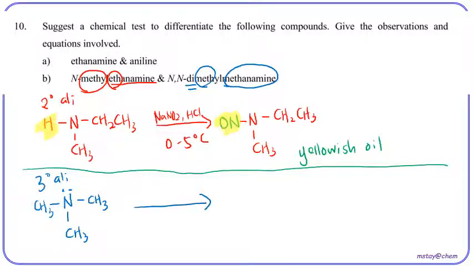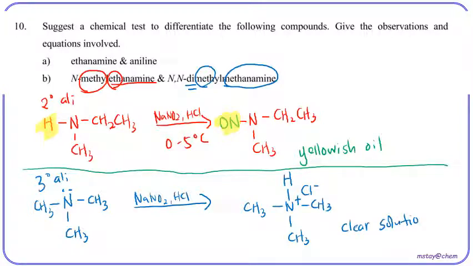If you react with NaNO2 HCl, we will have CH3, nitrogen, CH3, CH3, and the lone pair of the nitrogen will share electrons with the hydrogen from the HCl and form a charged Cl negative. So for this, we will get a clear solution.